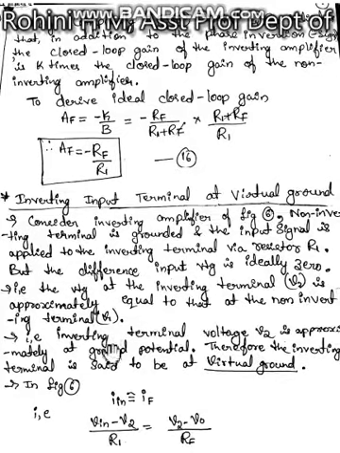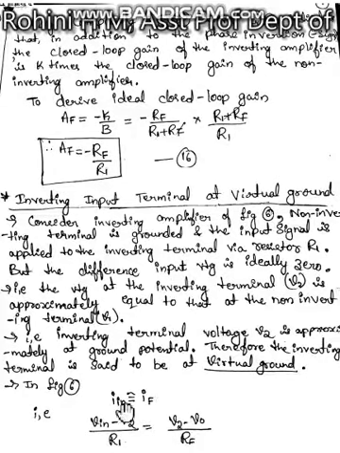Applying the same concept in the circuit, if both voltages are the same, then the respective currents must be the same. Through terminal 1 the current is I in, and through terminal 2 the current is IF. Since both voltages are the same in the ideal condition, we can write I in is equal to IF.